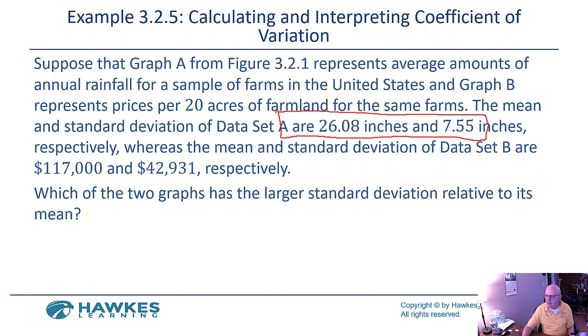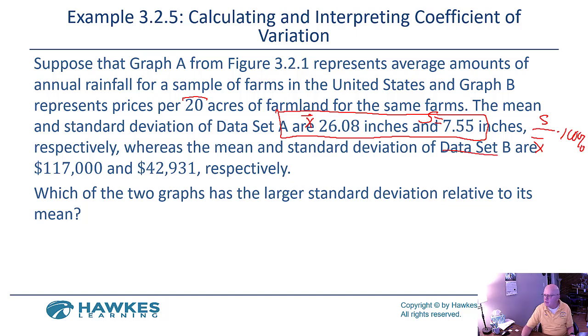This is the mean, and since it was for a sample, this is x bar. Since it's a sample, this one's s. So we're going to take s over x bar, and we'll convert that to percent.